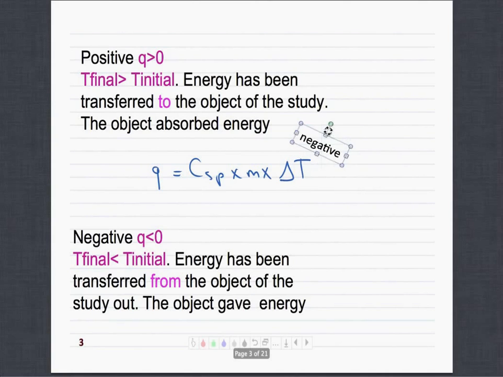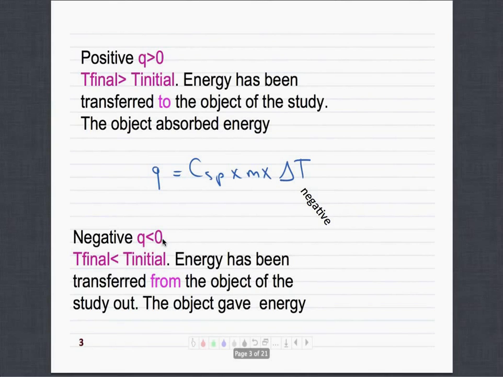We cool the system. When we cool the system, the energy has been transferred from the object. We took energy from the water to cool it down to 20, and this is why Q is negative. So any system that gives energy, or that we take energy from, Q is going to be negative.